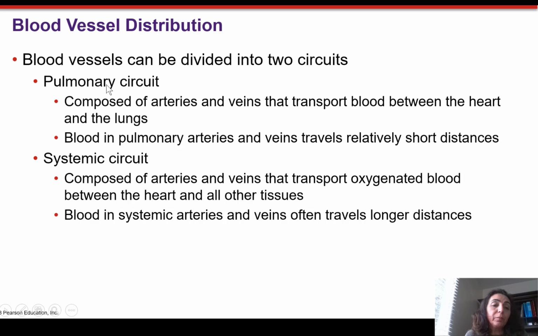So blood vessels, as we discussed at the beginning, can be divided into two circuits, the pulmonary circuit and the systemic circuit. The pulmonary circuit is composed of the arteries and veins that transport blood between the heart and the lungs, where the gas exchange happens, in the alveoli. They are small air sacs, each one called an alveolus, and the air that comes from the outside gets into these air sacs.